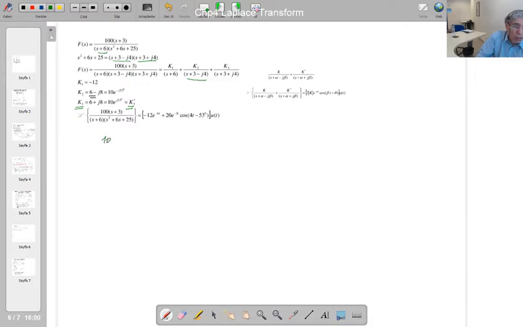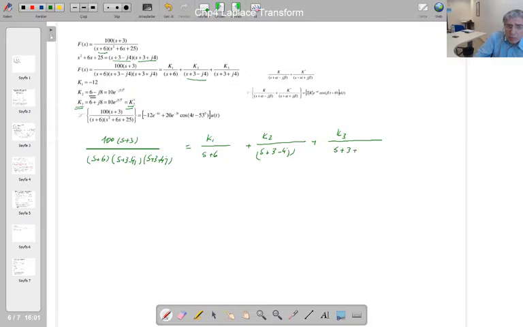So s plus 3 over s plus 6, s plus 3 minus 4j, s plus 3 plus 4j is equal to k1 over s plus 6, plus k2 over s plus 3 minus 4j, and plus k3 over s plus 3 plus 4j.